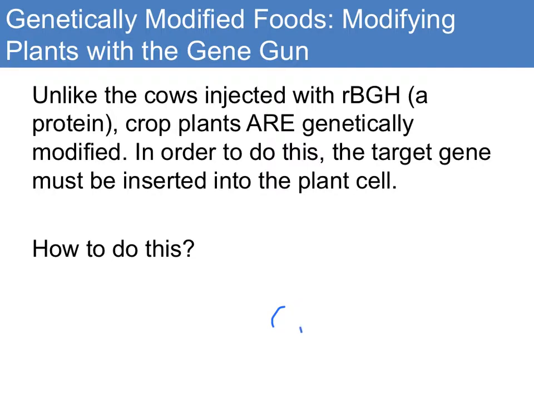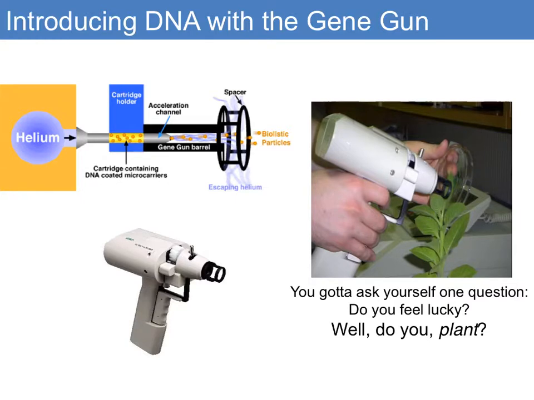Now, there's been some easier ways to insert a gene into a chromosome now. With a lot of plants, you can use this gun that shoots the particles with the right gene in it into the plant.